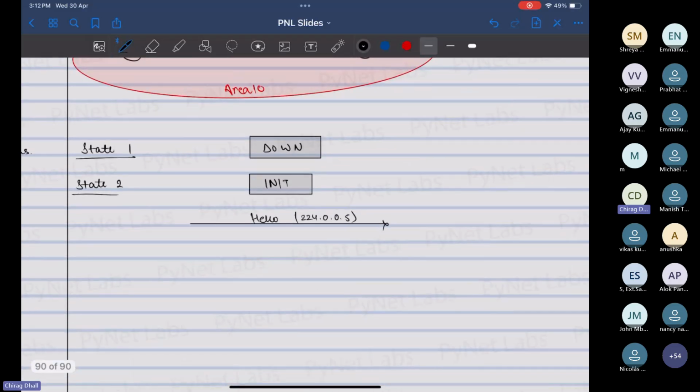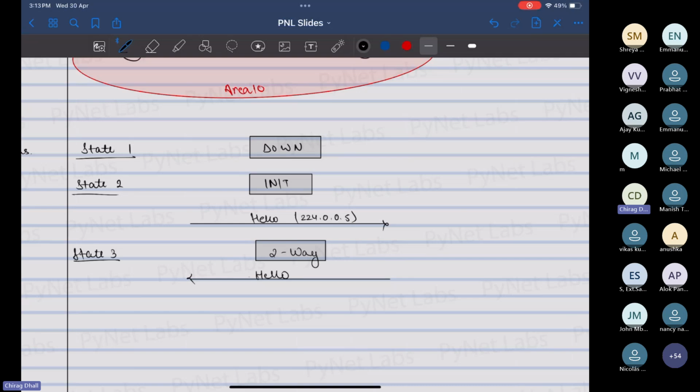After that, when we receive back a hello from my neighbor, we get to state number 3, which is called two-way. Two-way means that the connectivity is trying to get established from both ways. So this is where the reply to the hello is received from my connected neighbor. Inside the hello message, we find the information about network, area, and timers.